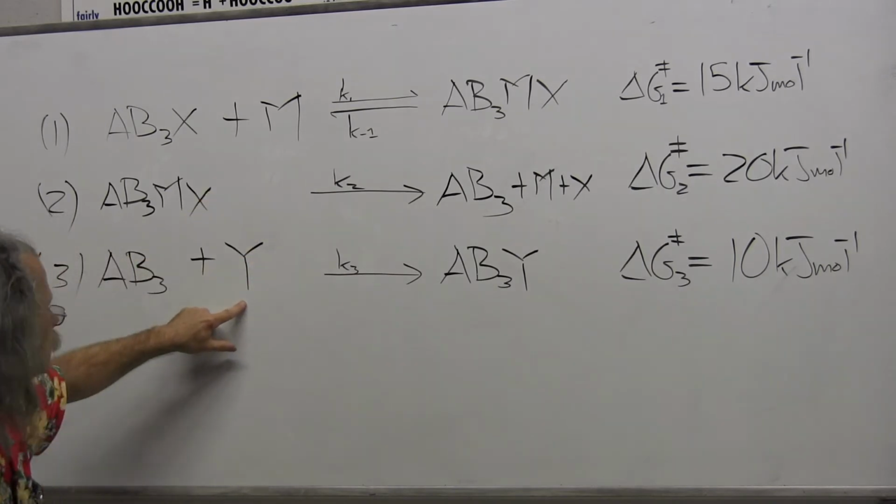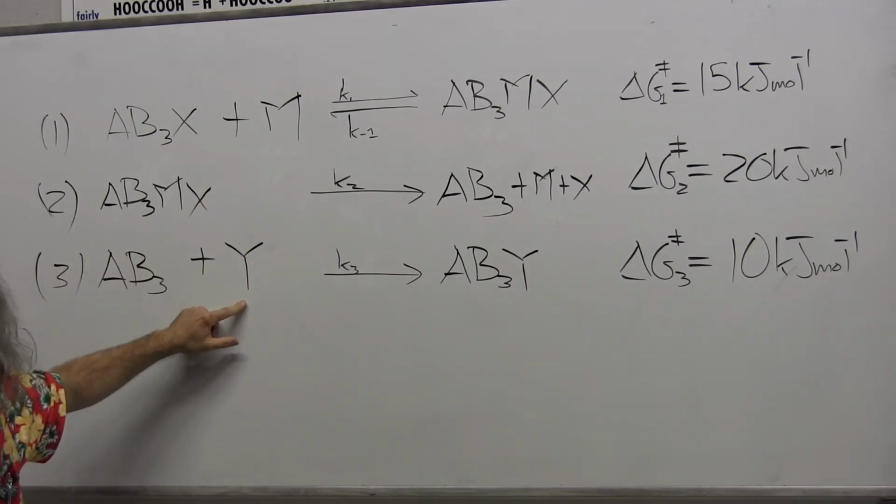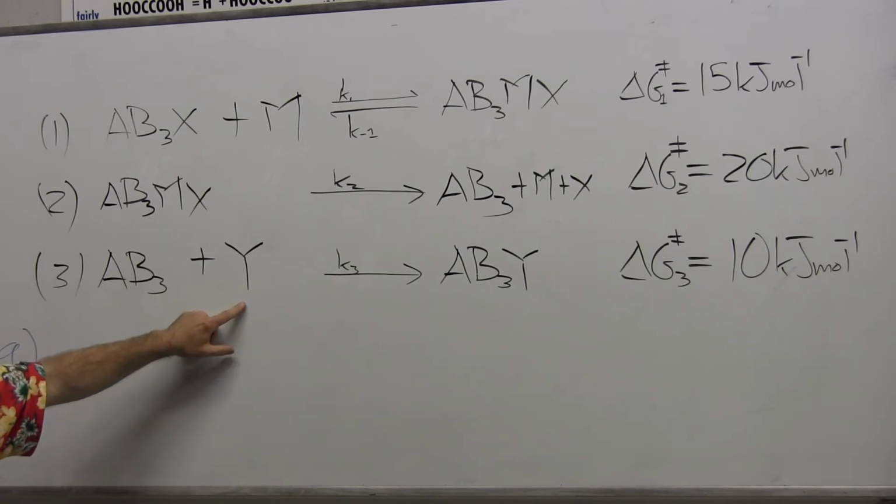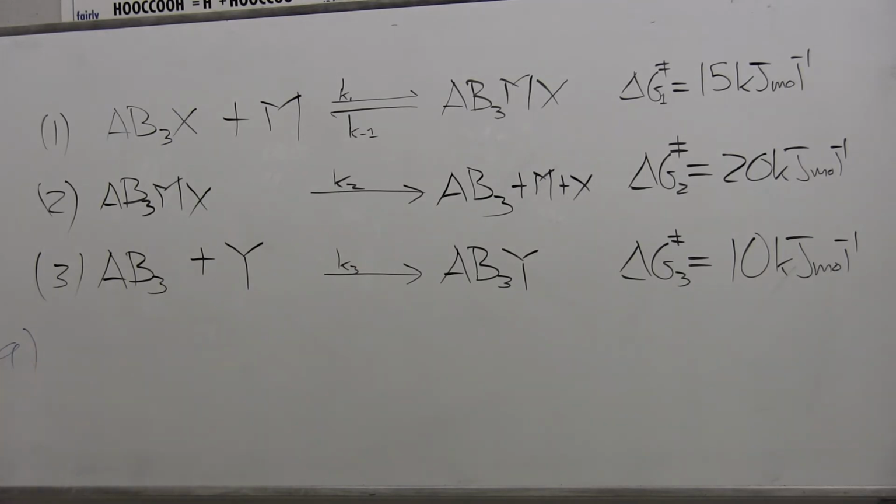What's Y? The one replacing X? Well, if it's not an intermediate, it's part of the overall reaction. It occurs on what side of the arrow? On the left side of the arrow, we have things we call reactants.